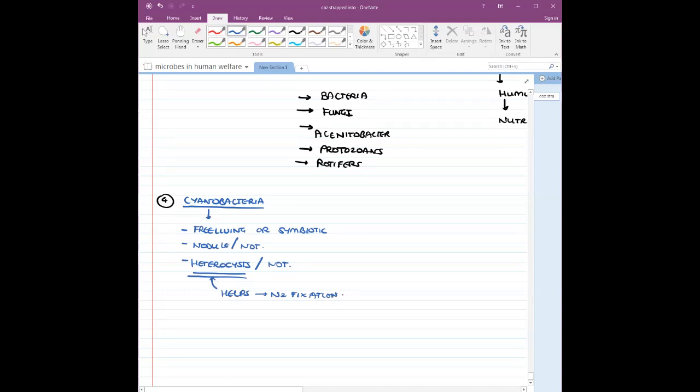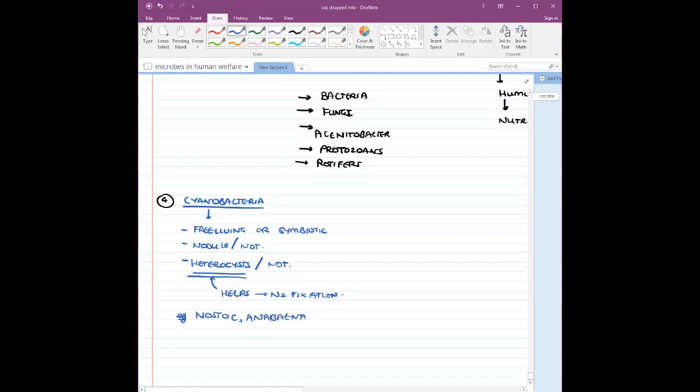Now guys, what are the basic examples? Some of them can be asymbiotic, some of them can be symbiotic. Basic examples are Nostoc, Anabaena.